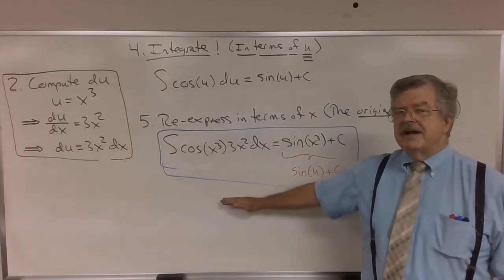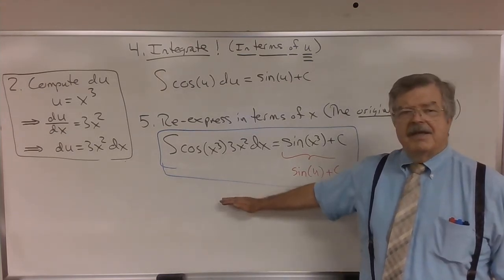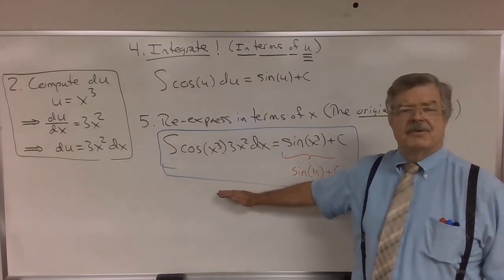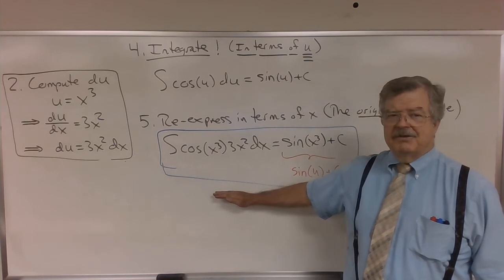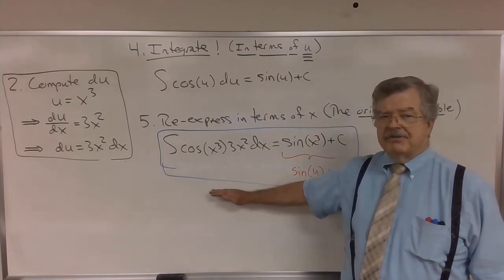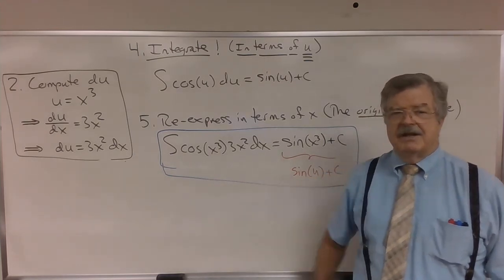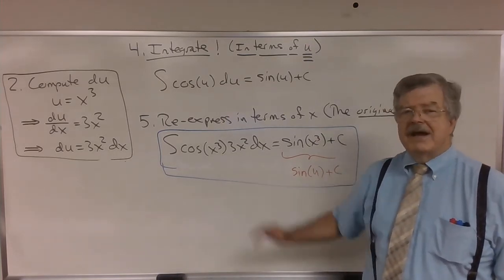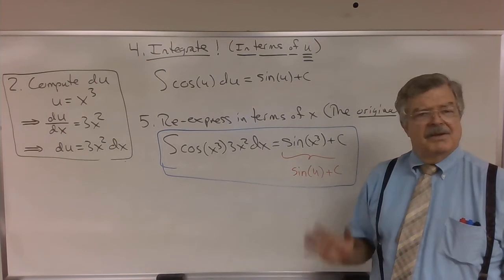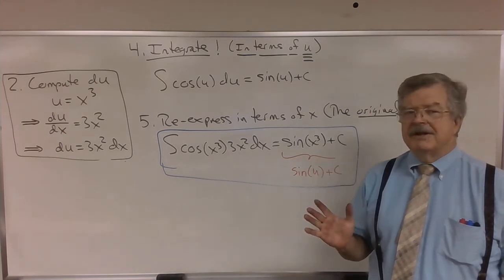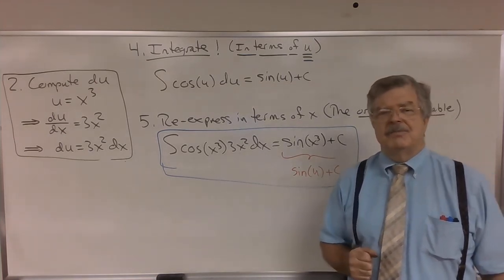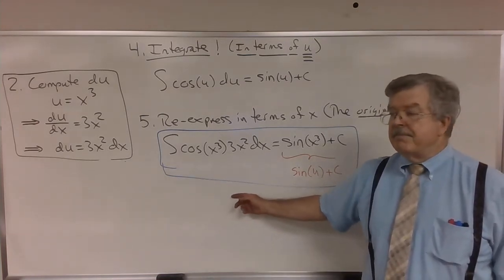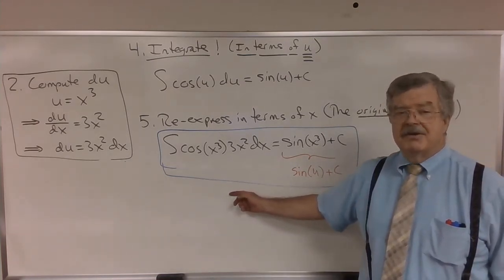Especially if we're going on to Cal 2. If we know u-substitution, we are going to get off to a great start in Cal 2. And this will keep us going for quite a ways in Cal 2. If we don't get u-substitution down in Cal 1, we're not going to be able to learn it in Cal 2. Our instructor will assume that we already know how to do it, and they will not bother to show us how to do it.